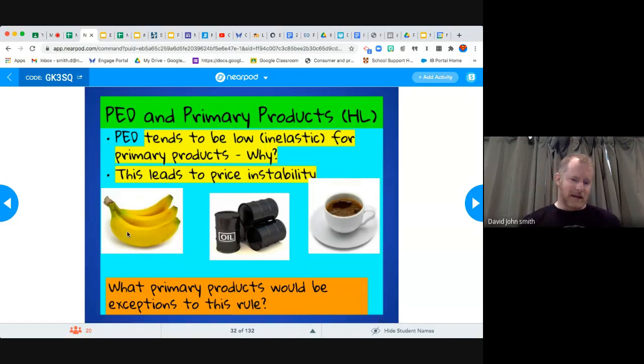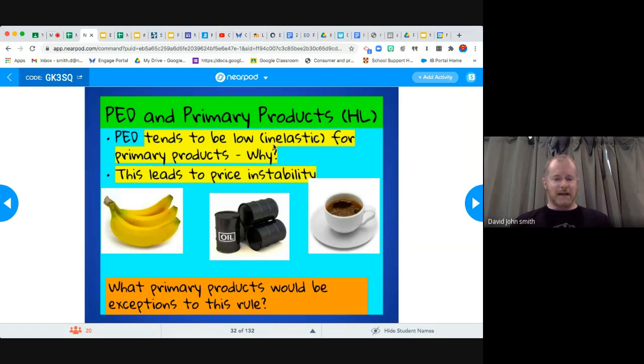You might think bananas aren't particularly essential, but the oil one and the coffee one you might consider essential. In fact, about a decade ago, maybe longer, there was a worldwide coffee shortage that made international news and caused the price to go up quite considerably.